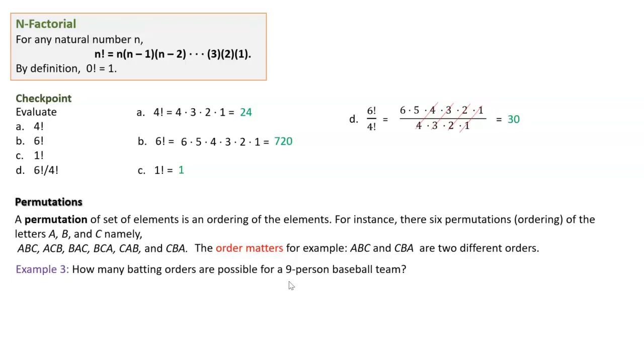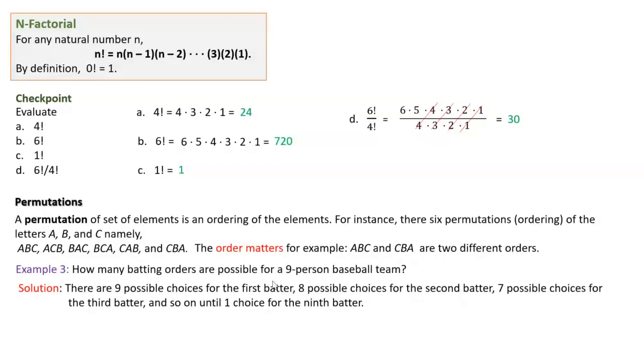Example number 3. How many batting orders are possible for a 9-person baseball team? Solution. There are 9 possible choices for the first batter, 8 possible choices for the second batter, 7 possible choices for the third one, and so on until we get to 1 choice for the 9th batter. Right?